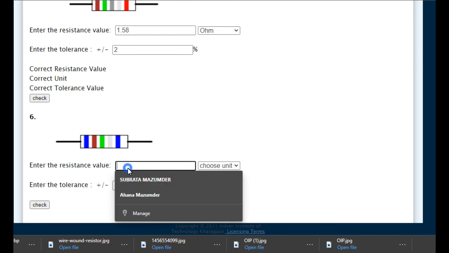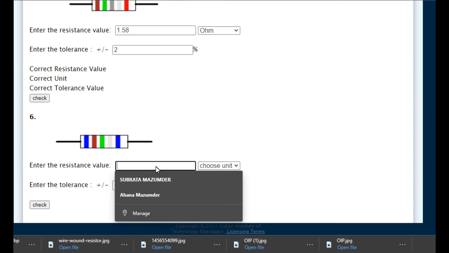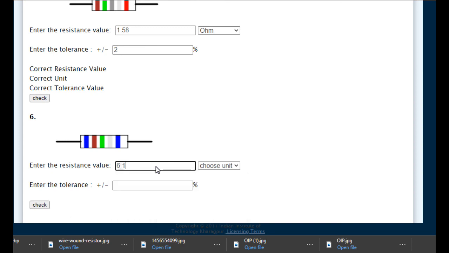Now the sixth one, open your calculator. The first band is blue, means 6. The second band is brown, that means 1. The third band is green, that means 5, and the multiplier is silver, that means it should be multiplied by 0.01, giving 6.15 ohms. Enter 6.15 and choose the unit as ohms.